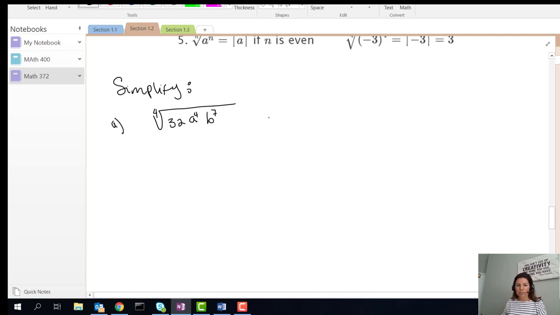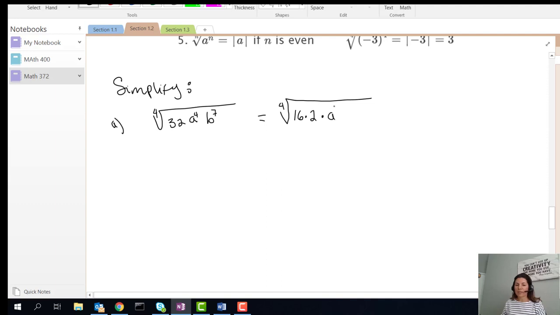So 32, let's start with 32. There are some shortcuts that you can use, right? I know that 32 doesn't have a fourth root, but 16 does, and 16 is a factor of 32. So I can say 16 times 2 is 32, and 16 has a fourth root.